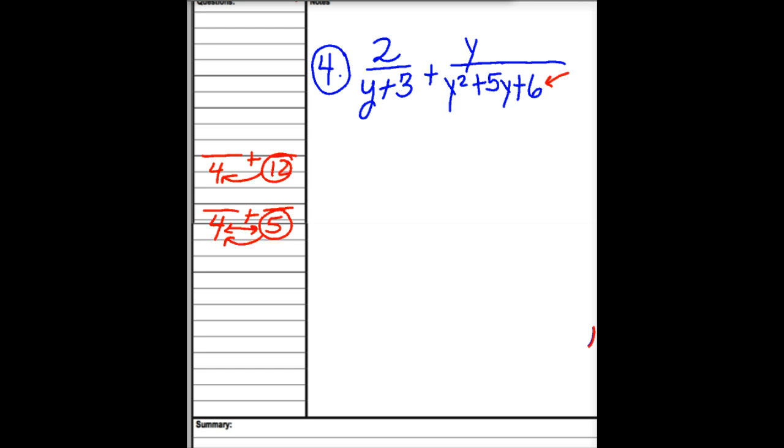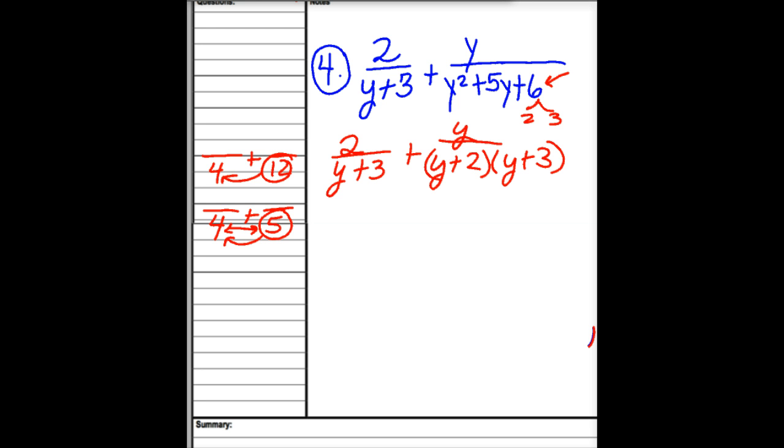All right, so let's go take a look here. I don't know if that bottom contains y plus 3 because it isn't factored. So I go and I see if there's any pair of numbers, and lo and behold, that factors into y plus 2 times y plus 3. So the question is, does this denominator contain this one? And the answer is yes.